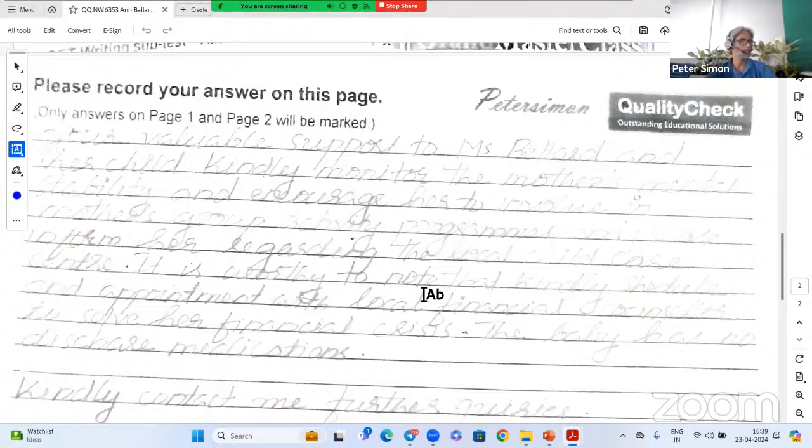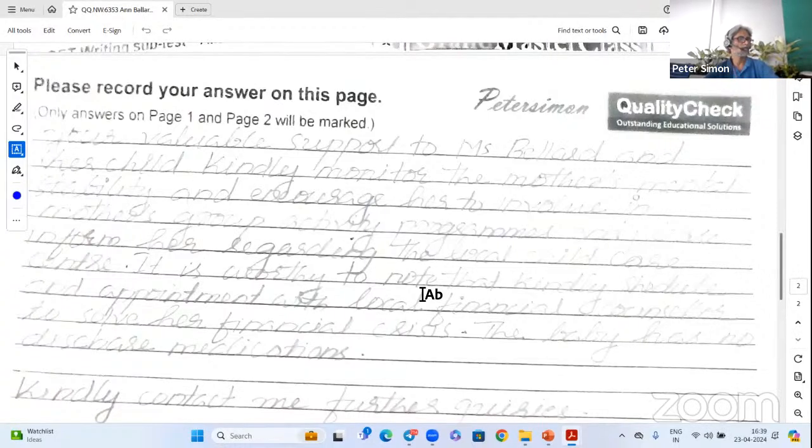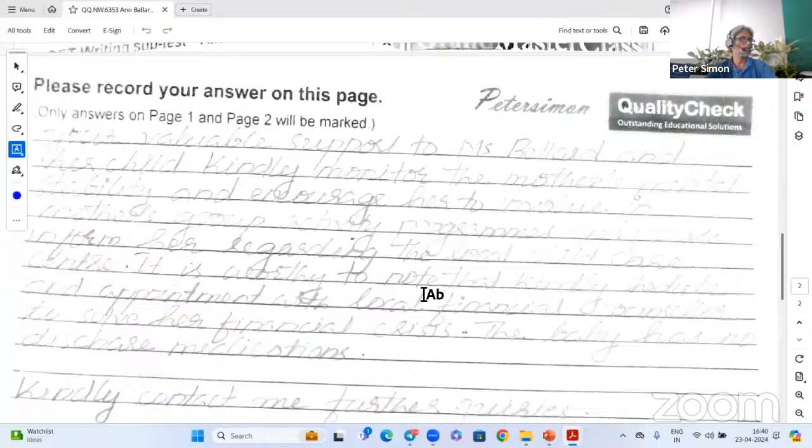Inform her regarding the local child care center.